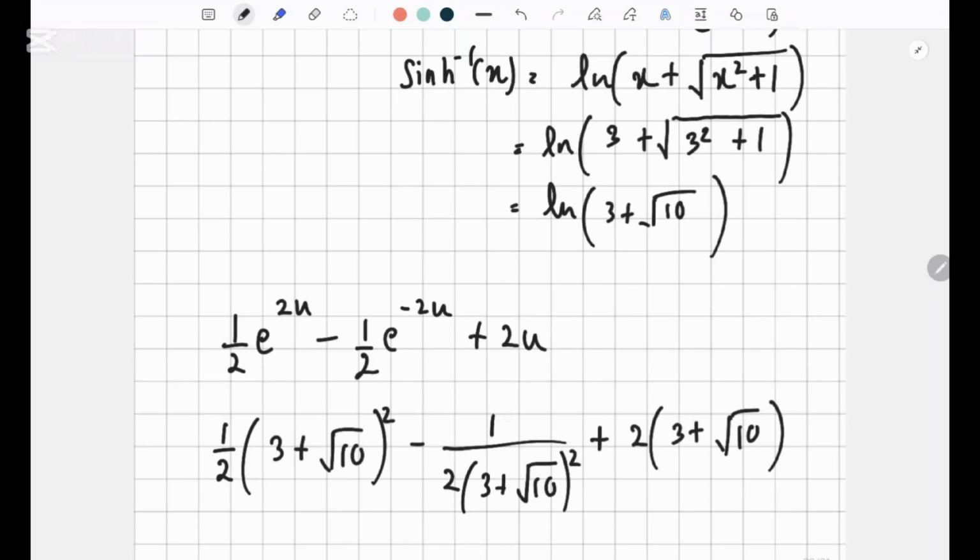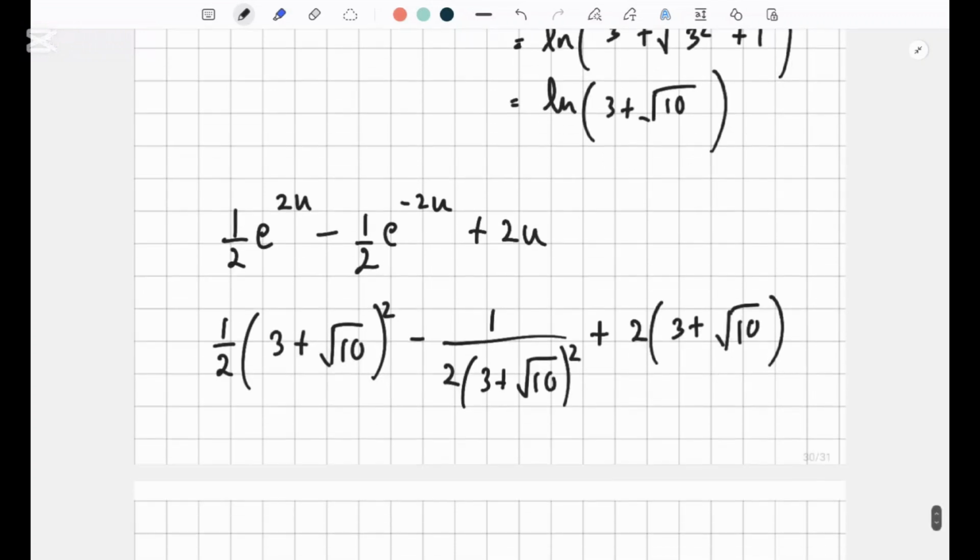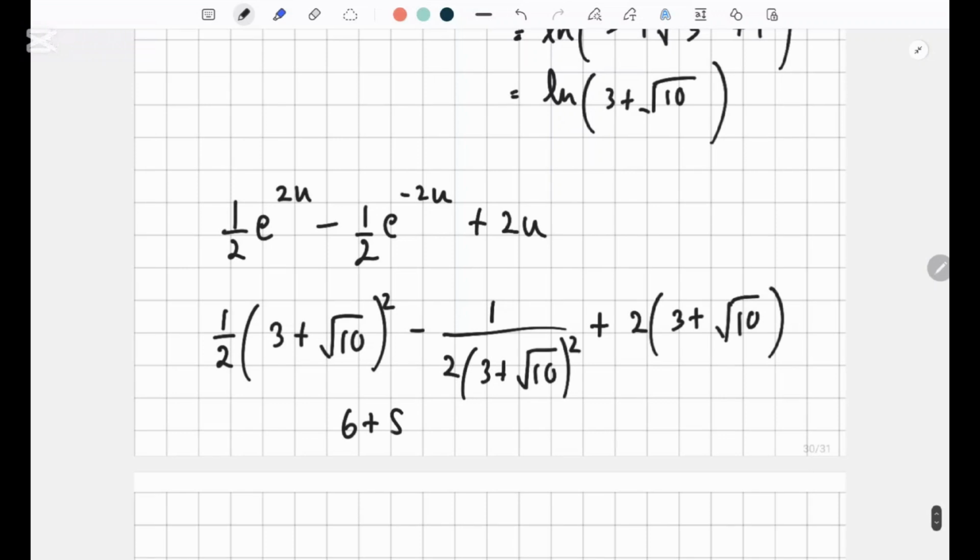So if you put this in your calculator, 3 plus root 10 squared, minus 1 over 2, 3 plus root 10 squared, plus 2 into 3 plus root 10, it gives you 6 plus 8 root 10.